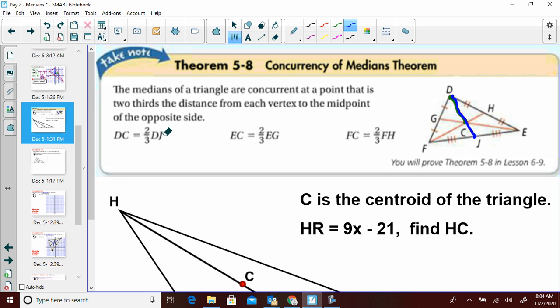So 2/3 times the median is equal to the distance of the vertex to the centroid. So vertex to centroid is equal to 2/3 the length of the median.